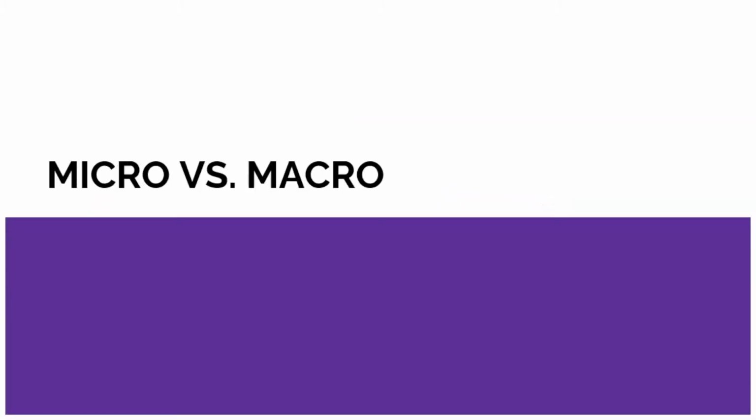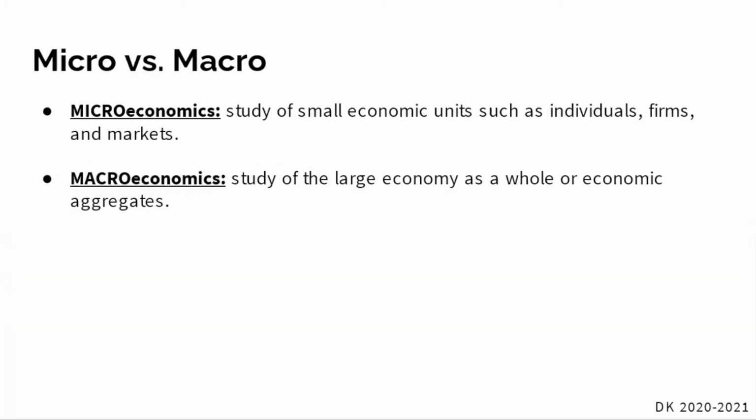Now that we know what economics is, let's get into the difference between macro and microeconomics. Luckily, this is going to be pretty simple. Microeconomics is a study of small economic units, such as individuals, firms, and markets. Individuals and firms should be self-explanatory, right?